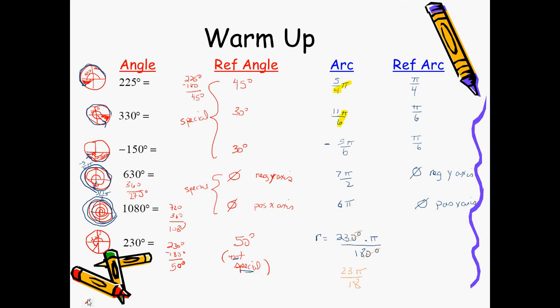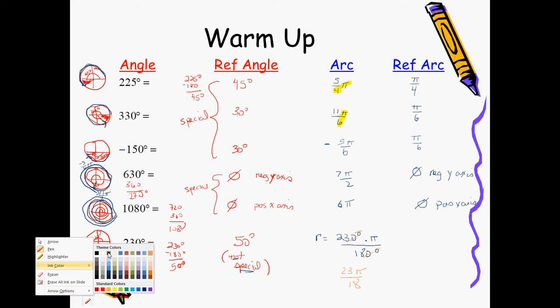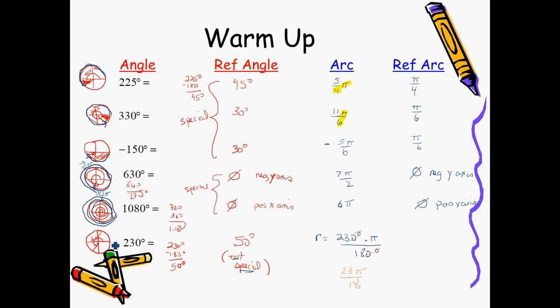Let's go over to my circle and think. I am going to go around to the same place, right? This is going to be 23 over 18 pi. Well, don't you agree that this over here must be 18 over 18 pi, right?